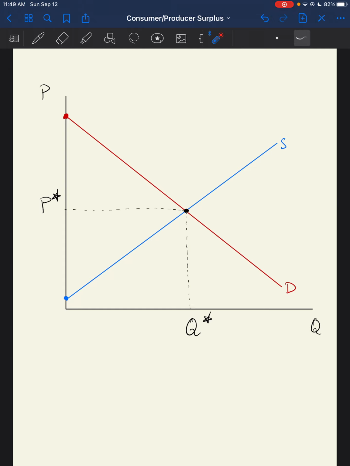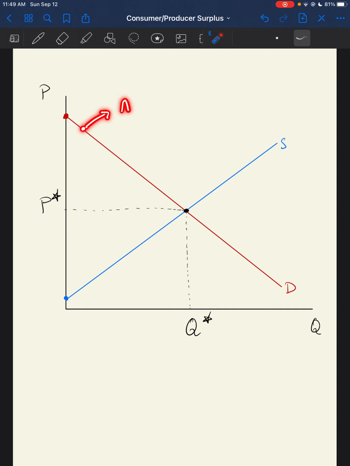But let's say that I'm not the only consumer in the market, right? In most cases, we have several consumers. Okay, so we have this entire demand equation, this entire demand curve, the straight line, that tells us the different willingness to pay of several different consumers. Okay, so let's say we have some consumer right here.